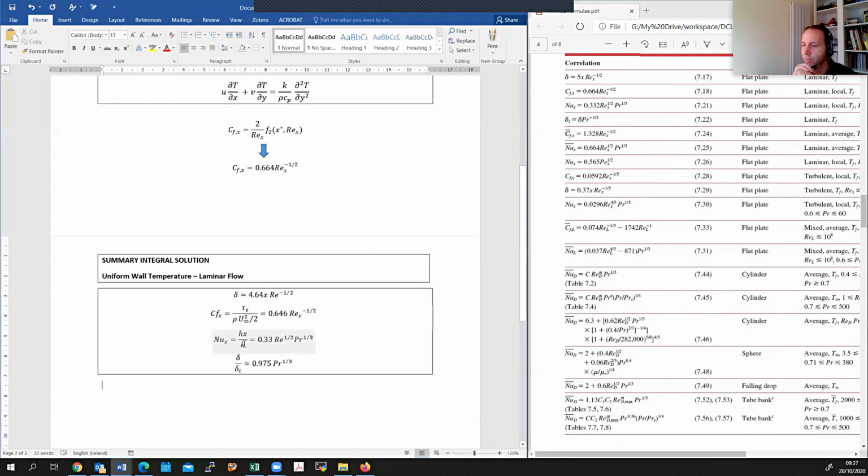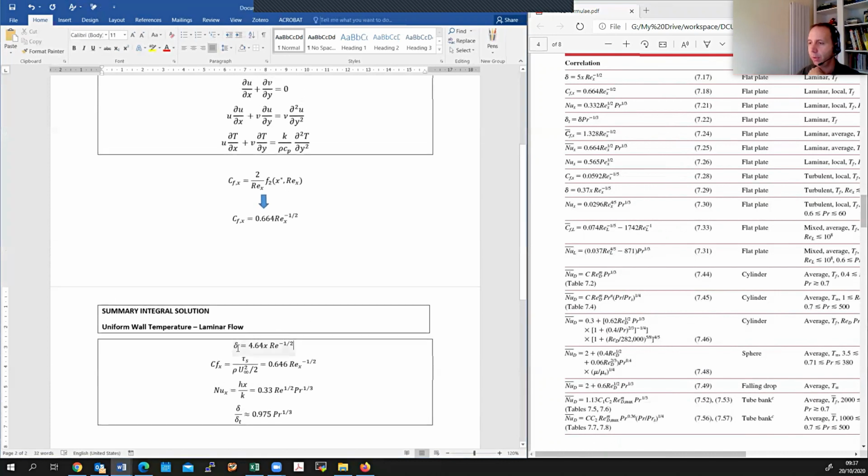On page 7, you'll find a list of equations that determines how the boundary layer thickness, the coefficient of friction, the Nusselt number, and the thermal boundary layer vary as a function of the Reynolds number and the Prandtl number. Actually, this is the summary of the integral equation.